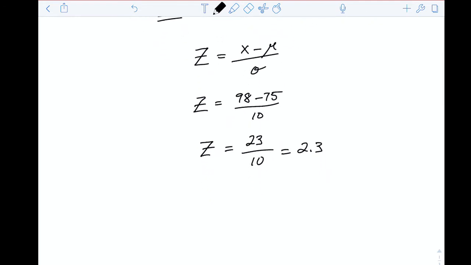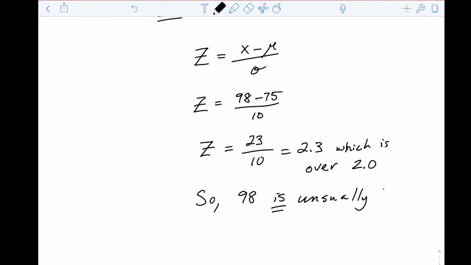And then at that point, you just say this is over 2.0. So 98 is unusual. And then if you want to add a little more flair, you could say that's unusually high. And then that's it.